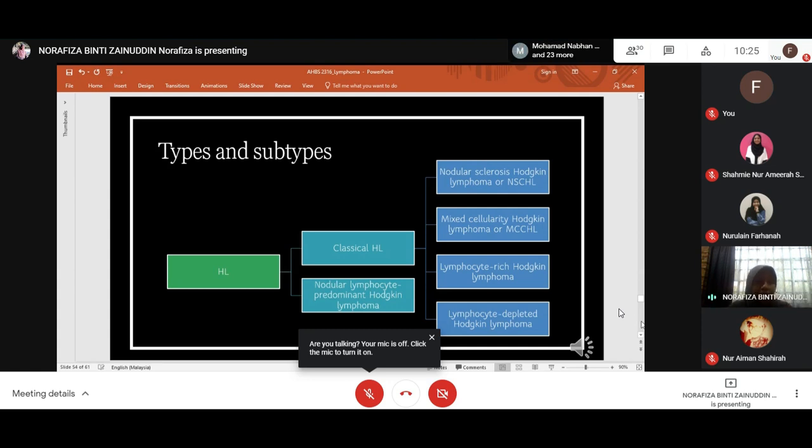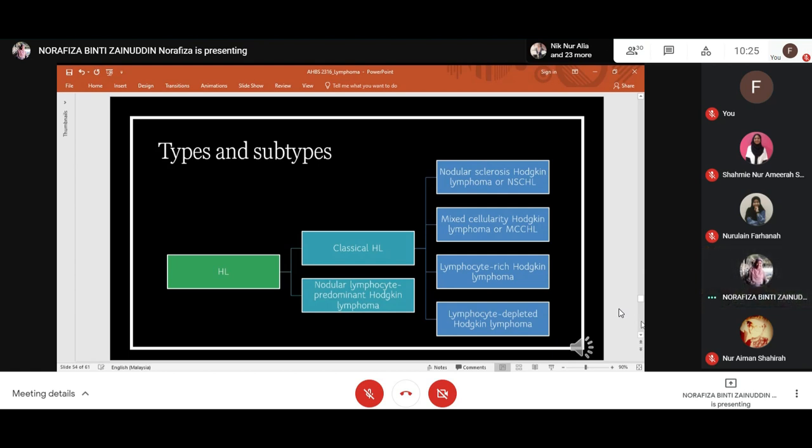So for nodular sclerosis HL, this one is the most common type of Hodgkin disease in developed countries. It accounts for 7 out of 10 cases in developed countries. The cancer cells are the classical HL cells, which are the Reed-Sternberg cells.